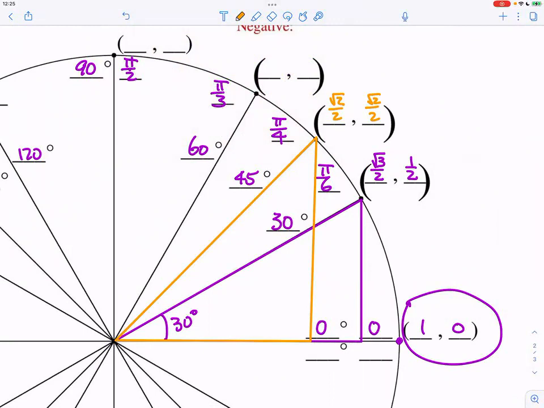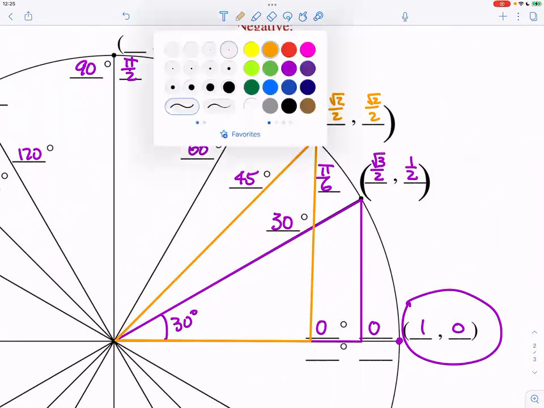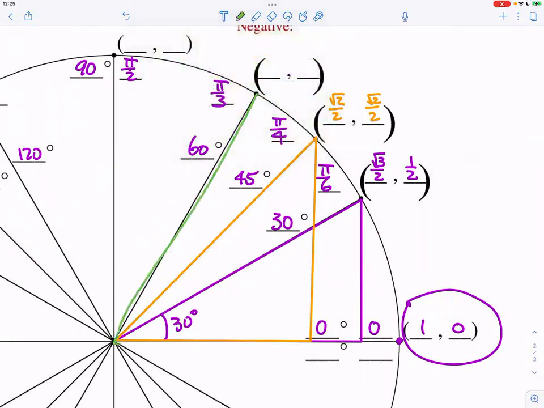And then for the 60-degree angle, if you want to create a little triangle again, then we say, what is cosine of 60? It's 1/2. And then sine of 60 is √3/2. And then at the top, you have 0, 1.